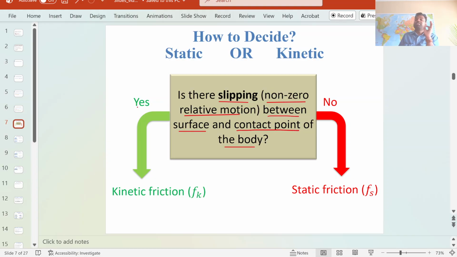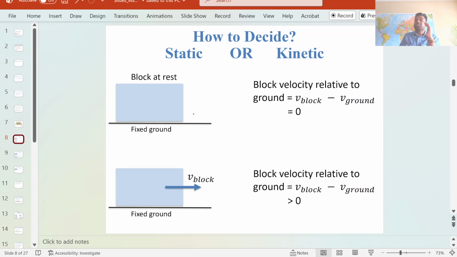If there is slipping, if there is non-zero relative motion, then there will be kinetic friction. If there is no slipping, if there is no relative motion between the body and the surface, then there will be static friction. Let us look at some examples.